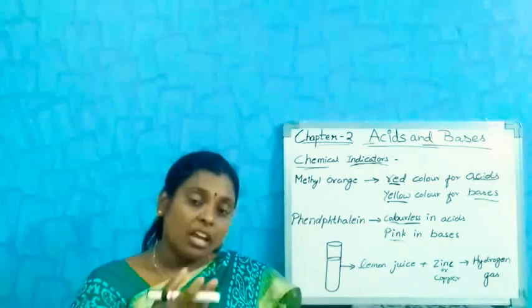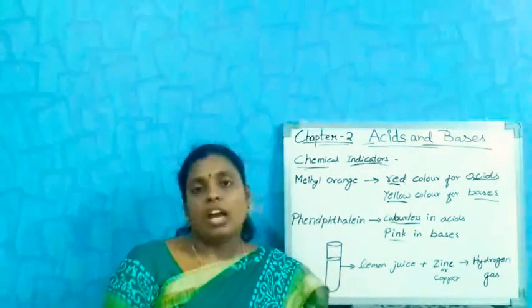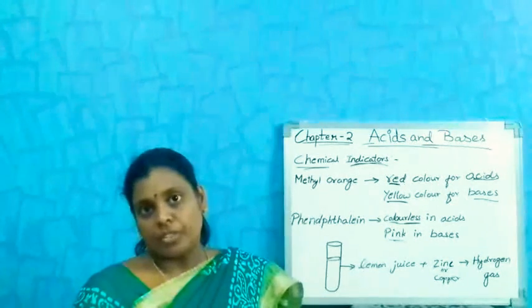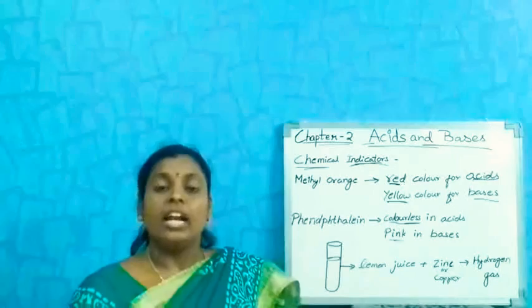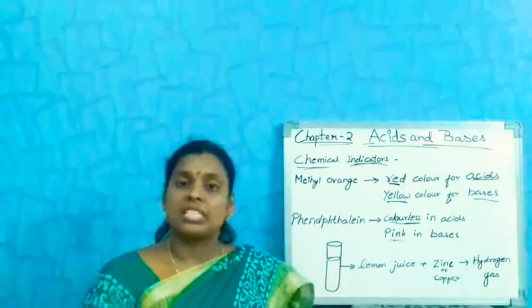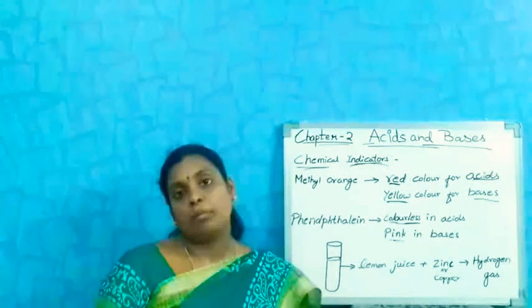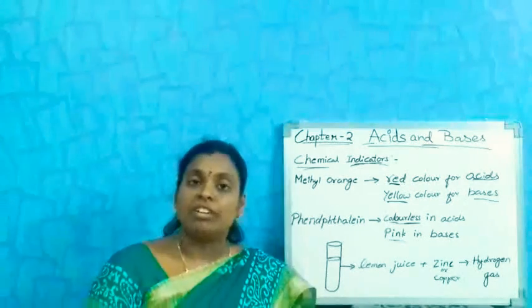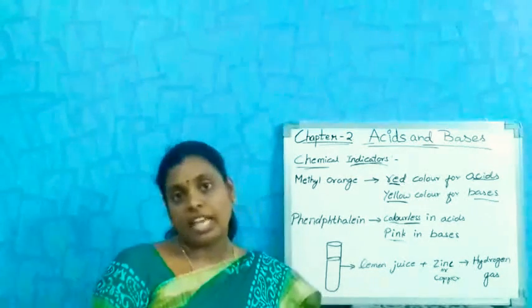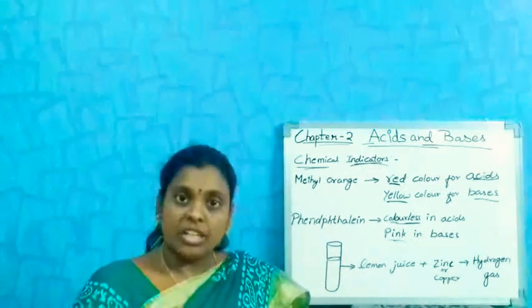So when they fall on us, we may get skin injuries and skin diseases. Our buildings, homes, even the plants and animals, everything gets damaged, and even monuments like the Taj Mahal are getting damaged due to these acid rains.